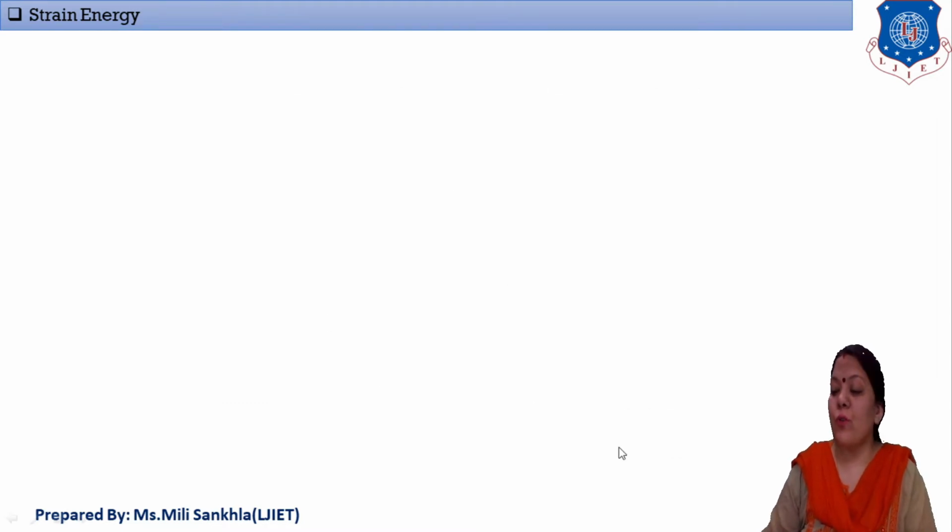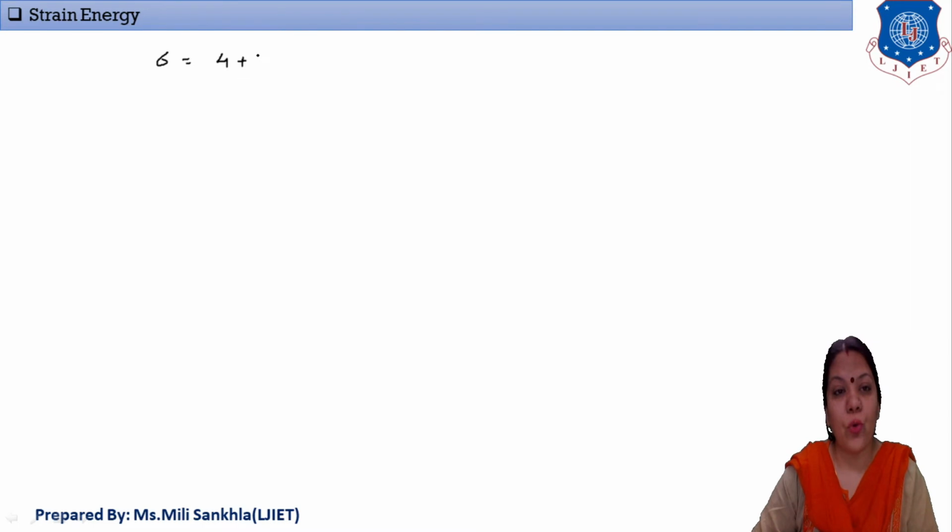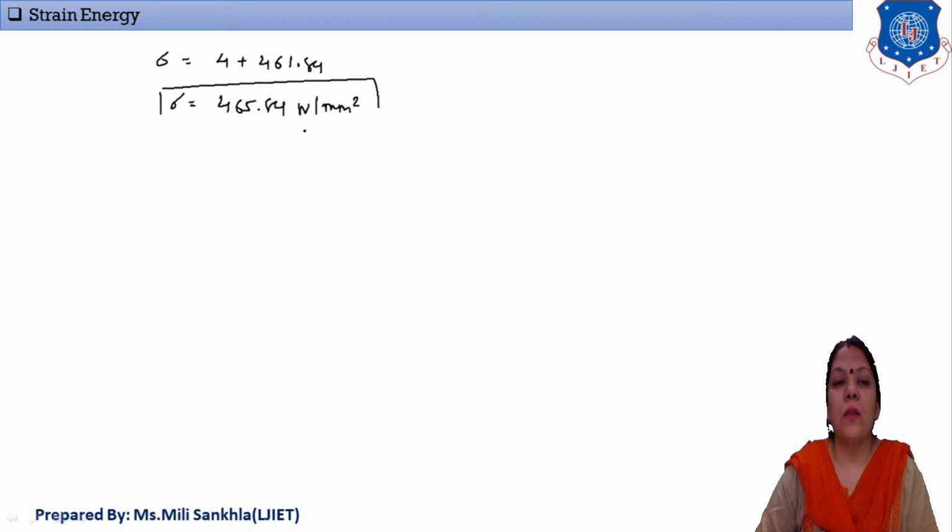Write down here, stress sigma is equal to the first term, 25 fours are 100, and the second term is 461.89, and my sigma for impact load is 465.89 Newton per mm square. Okay, this is my first answer, stress.